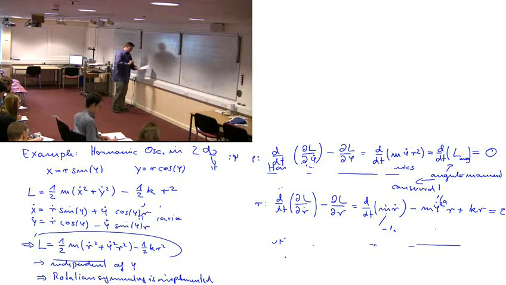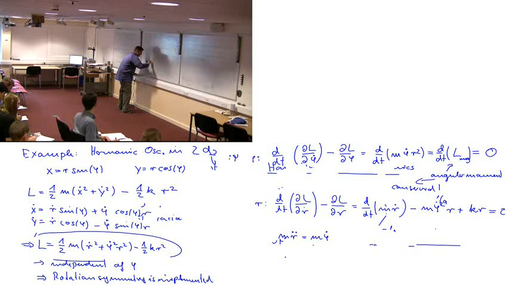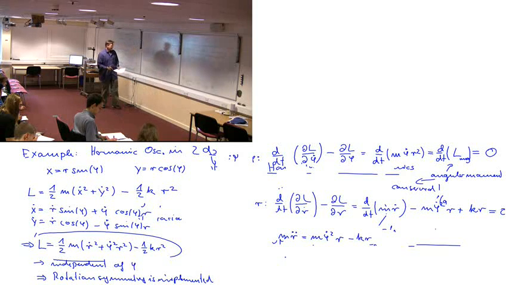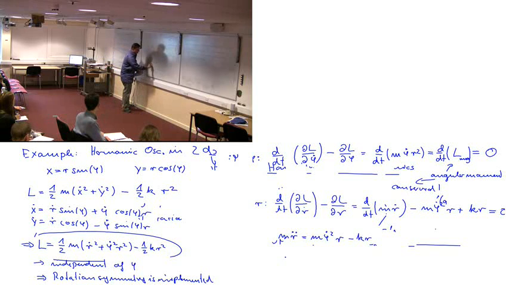And if we write that in a slightly more explicit form, we find that m r double dot is equal to m phi dot squared times r minus k times r. And if you want, you can view this as an acceleration, and the right-hand side should then be a force, and that's simply the centrifugal force, and that's the force by the oscillator.